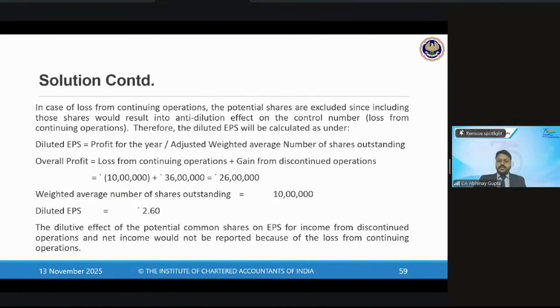Now the standard says, in case of loss from continuing operations, the potential shares are excluded, since including those shares would result in an anti-dilution effect on the control number. What is the control number? Basic earning per share from continuing operations. Correct? This is my control number. Loss from continuing operations.